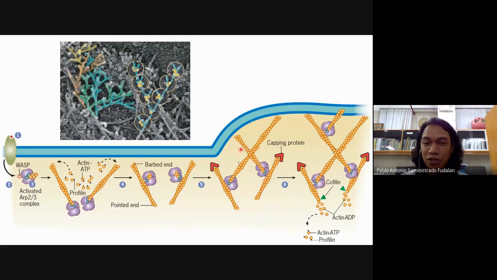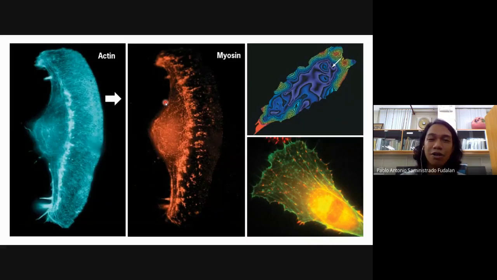The actin filaments branch out to form the lamellipodium, as you can see in this electron micrograph. This one is a colorized picture of the cell showing the locations of actins and myosins. And on the bottom right, you can see focal adhesions along the cell.